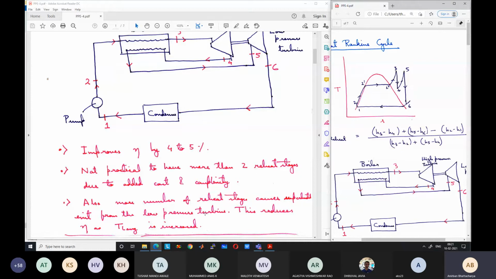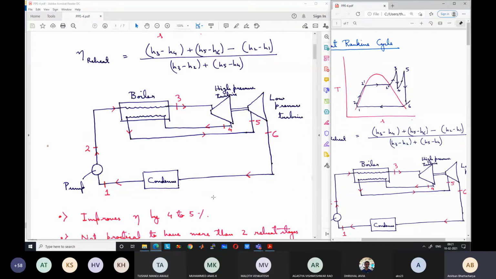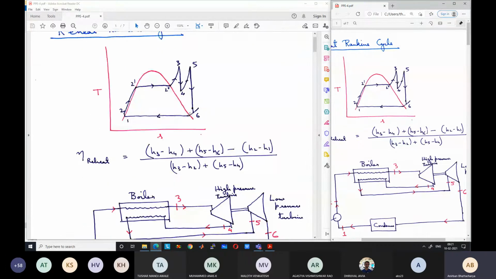We know that efficiency is given by 1 minus average temperature of heat rejection by average temperature of heat addition. So if the average temperature of heat rejection increases, the efficiency is lower. So you don't want to have too many reheat stages, based on cost and efficiency. So generally 1 to 2 reheat stages are used.